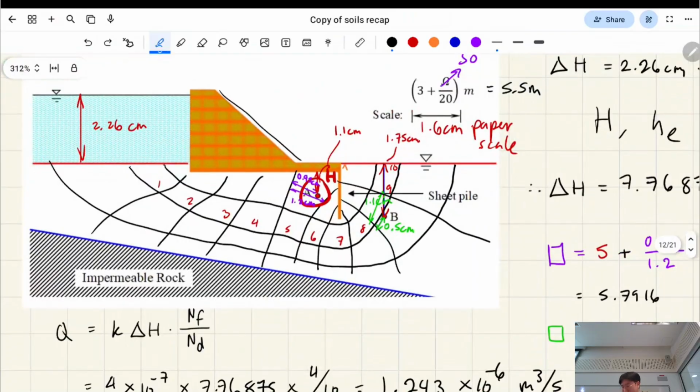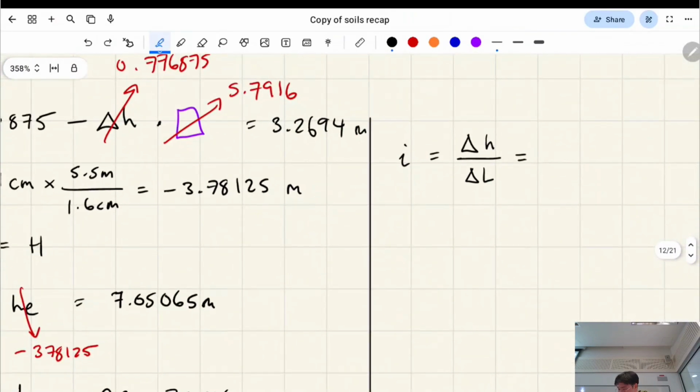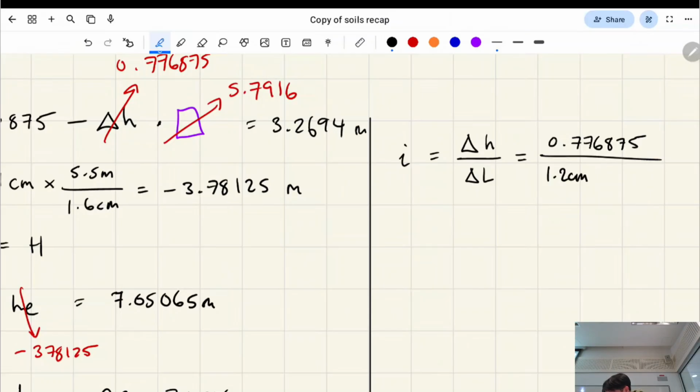But we do have to convert that back to meters, right? So we've calculated delta h before, and we measured this before. We just have to convert it back to our meter scale. And then our hydraulic gradient is going to be a unitless number, right?